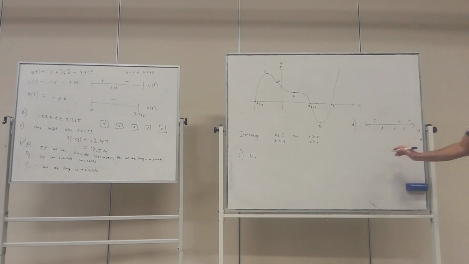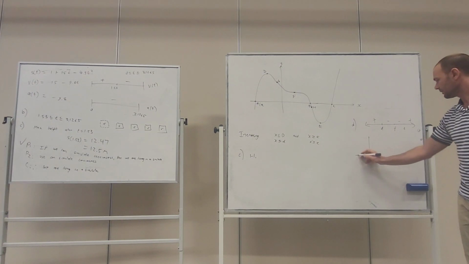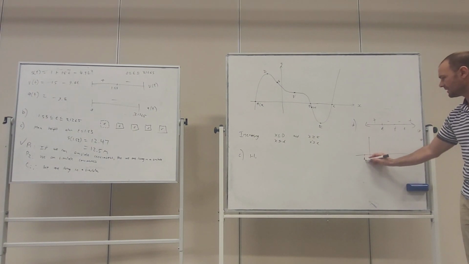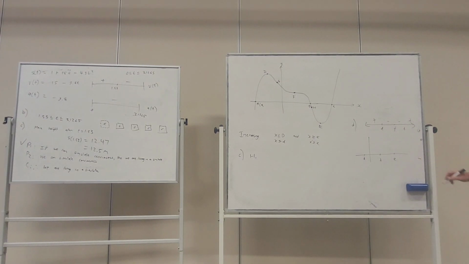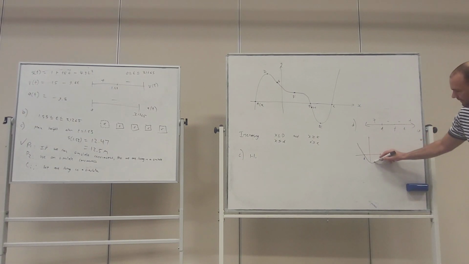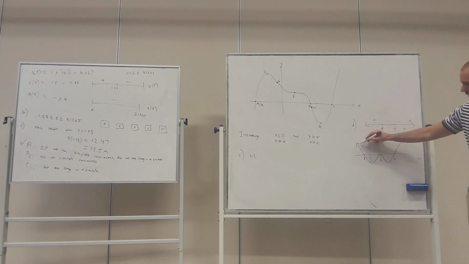Now on the Cartesian plane, we've got like D here, we've got F here, and E here. So it's positive until we get to D, and then it's negative, and then it's doing this kind of thing. There we go.